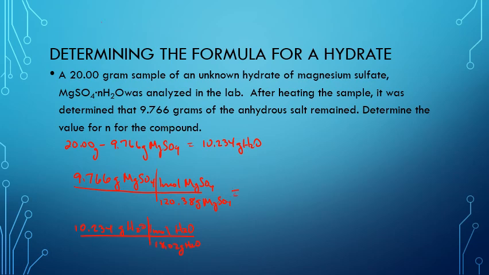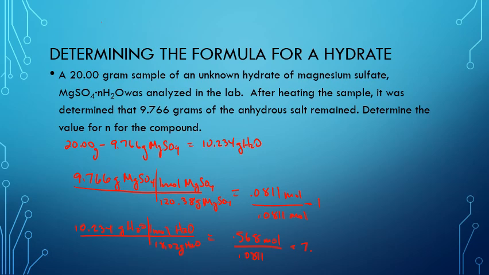When we get our total number of moles for the magnesium sulfate, we end up with 0.0811 moles, and for the water we end up with 0.568 moles. If I now take each of these and divide them by 0.0811, we end up with 1 for the magnesium sulfate, and then we end up with 7.002, so we can just call that a nice even 7.